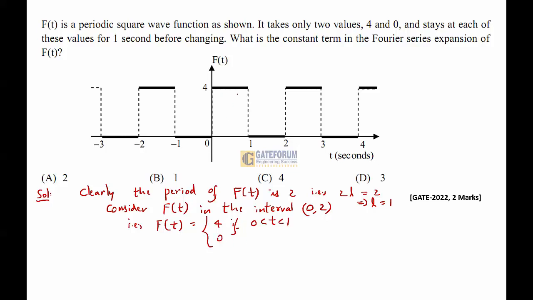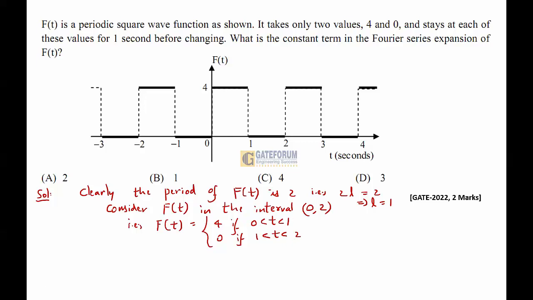The line corresponds to value 4 on the vertical axis, a horizontal line. A horizontal line equation is constant, parallel to the x-axis. And for the other, 1 to 2, the line lies on the t-axis. So on the t-axis, the function value becomes 0. Lines parallel to the horizontal axis always have constant value. f of t is 0 if 1 less than t less than 2.